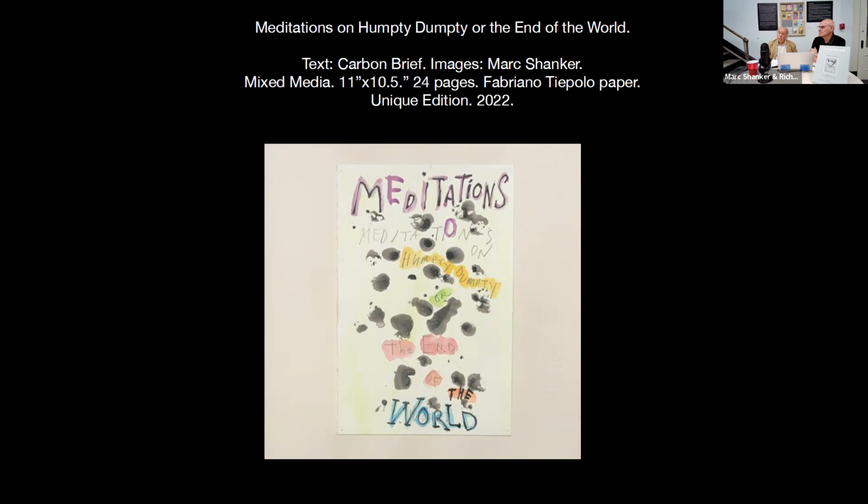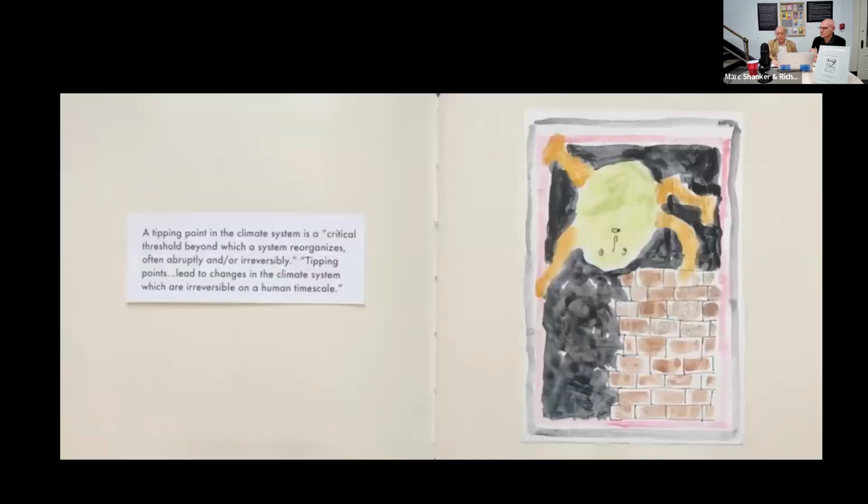That if we don't do something about climate change, nothing can put the world back together again. And so I found in online text what are called tipping points, after which the earth cannot be returned to a prior state. In this case, I did the drawings and then found the text. And here is one of the drawings of Humpty Dumpty.